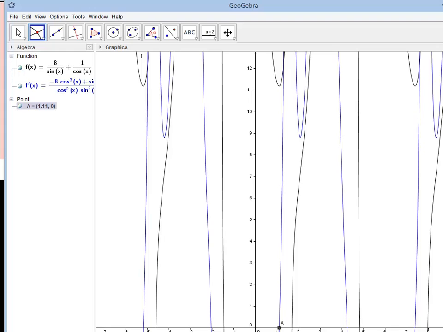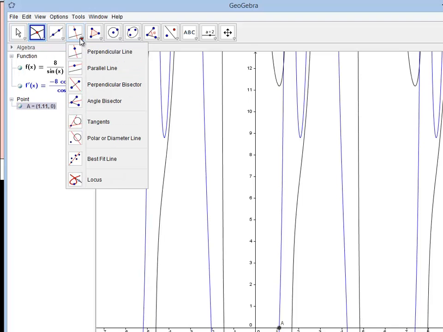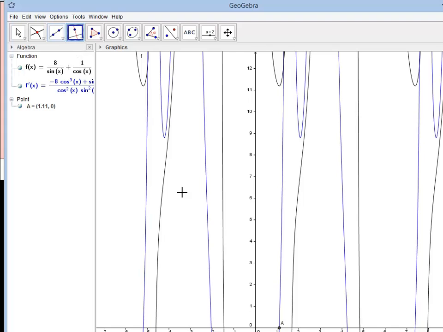Alright, this is A. So when we have A here, we can take a line through that point, which is perpendicular to another one. Let's take perpendiculars. Alright, we pass it through here, and we select that. We can see that it is meeting this function at its minimum here.